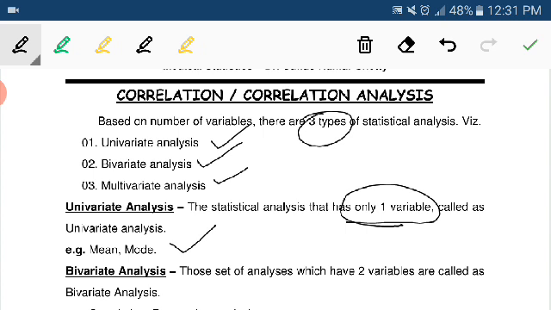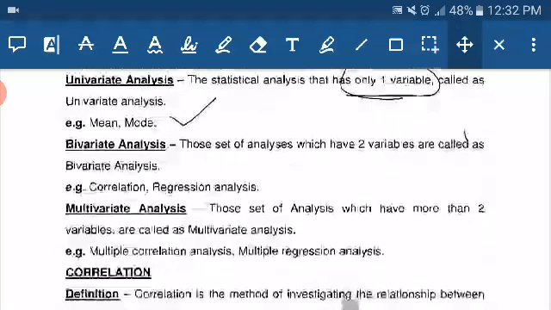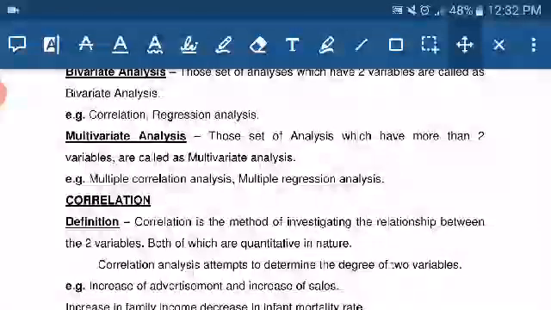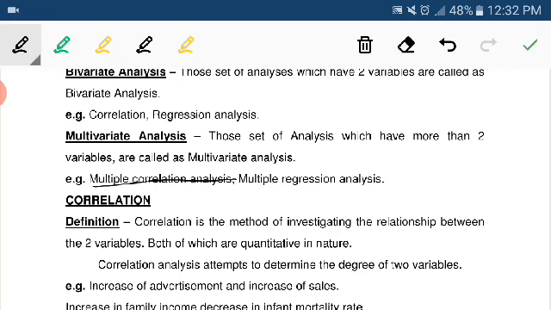Bivariate analysis has two variables, for example correlation and regression analysis. Multivariate analysis has more than two variables, for example multiple correlation analysis and multiple regression analysis.